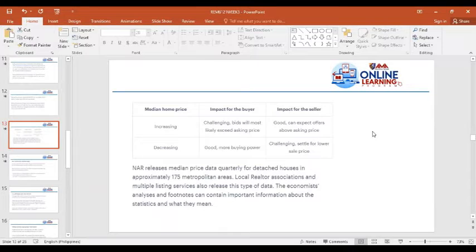But there is an advantage and disadvantage between the buyer and the seller. The NAR releases the median price data quarterly for detached houses in approximately 175 metropolitan areas. The local realtor associations and the multiple listing services also release this type of data.